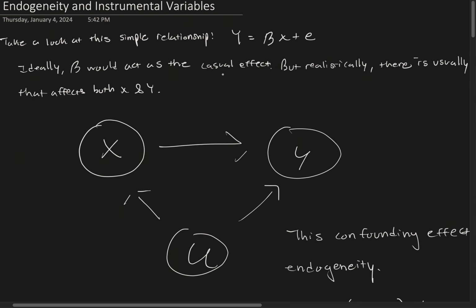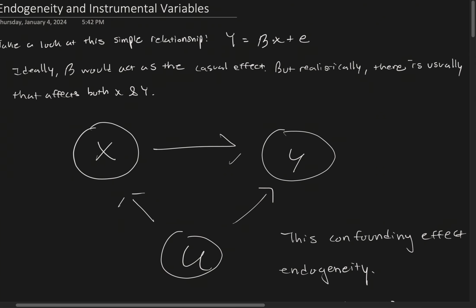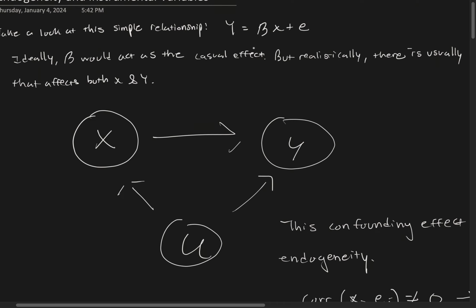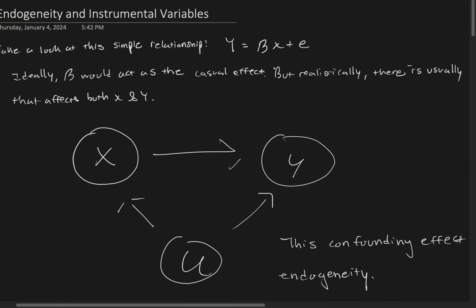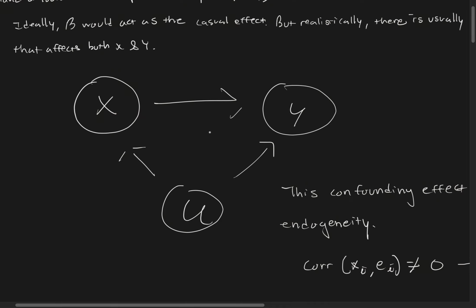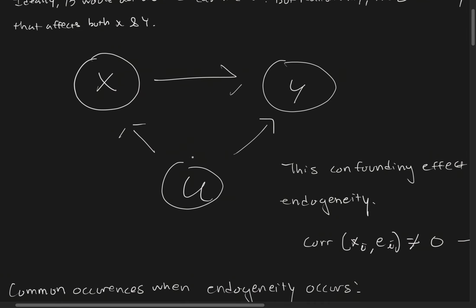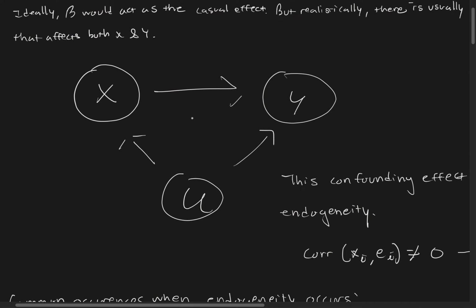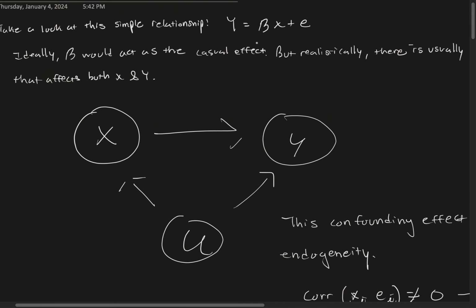Taking a simple function here where x affects y with the given coefficient, ideally we want our beta to act as a causal effect, but realistically in the real world, there's usually another unobservable variable that affects both x and y, which means this beta right here doesn't directly affect y.